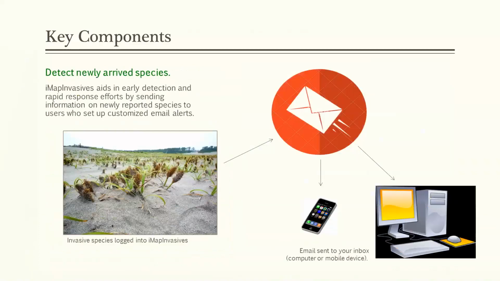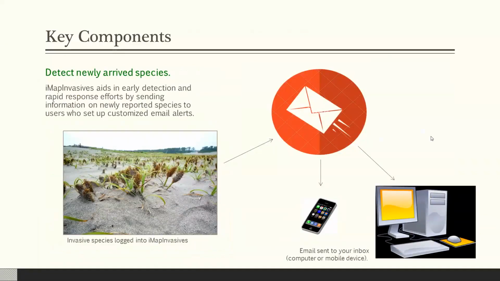Okay, so another important key component of the iMap program is that it's used to detect newly arrived species by allowing users to set up email alerts. By doing this, you can customize a particular species that you're interested in, or you can say, I'm interested in this particular area, notify me when any species is reported there.